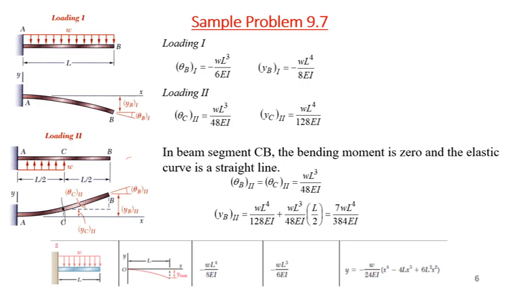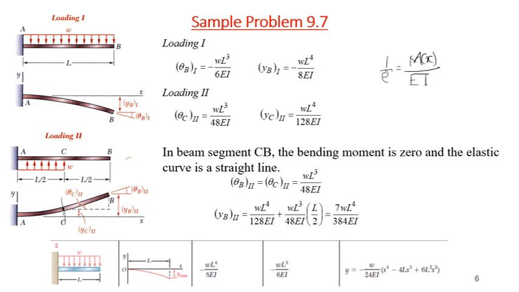If you remember, the equation for curvature, 1 over rho, is equal to Mx by EI, right? Now, from C to B, there is no moment, right? From C to B, there will be no moment.